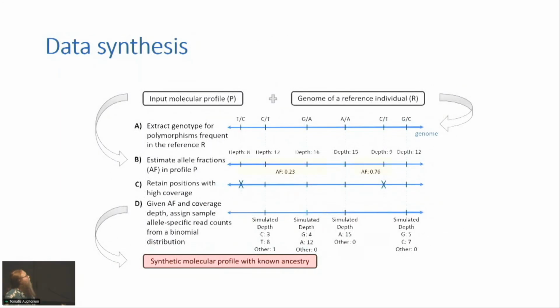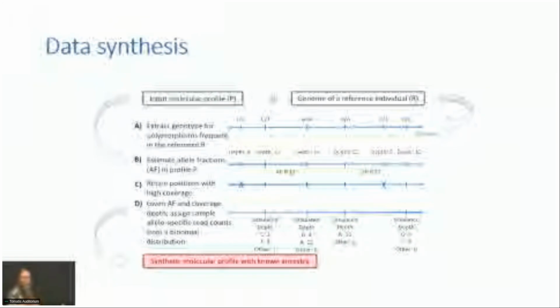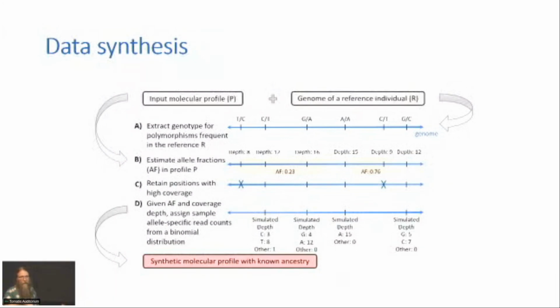So what is the data synthesis? For the data synthesis, we use the reference sample with known ancestry. We extract the genotype at the positions we have selected. After that, we take the cancer profile, for example, and extract the characteristics of the cancer sample: the sequencing depth and the allelic frequency, if we have copy number variation.